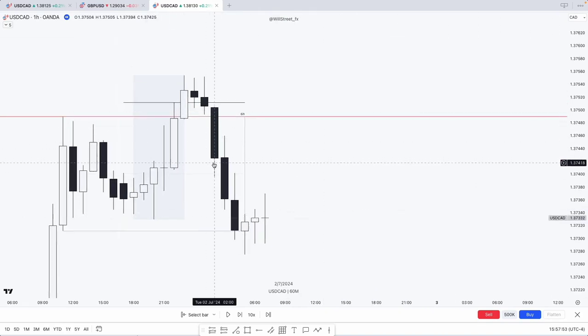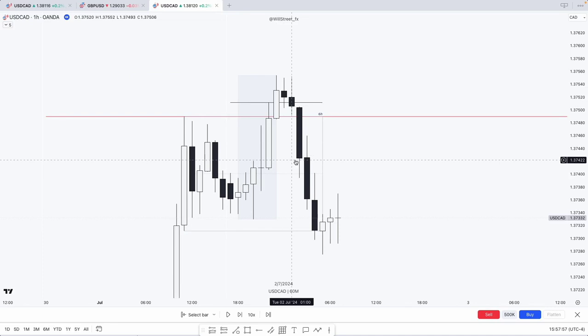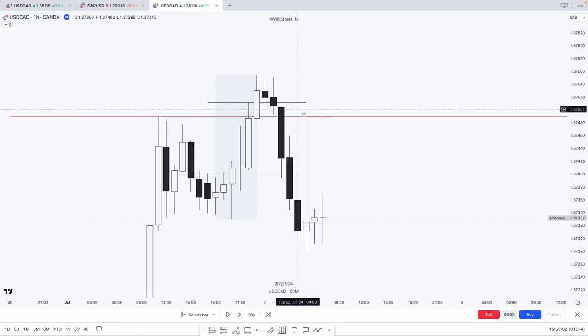This is 2 a.m. So from the end of this candle or the beginning of this one are our shorts. Why not here? Because this is still Asia. I don't trade at that time yet.